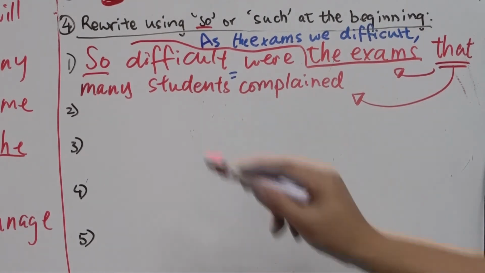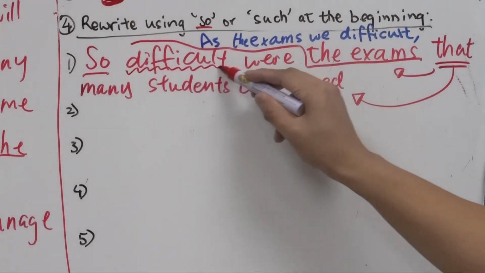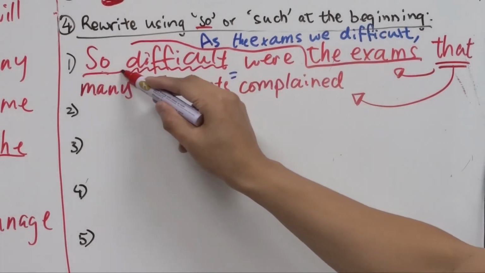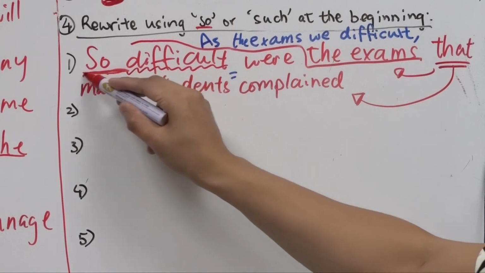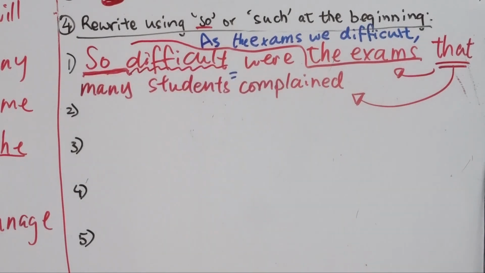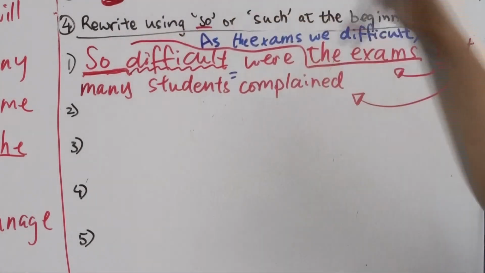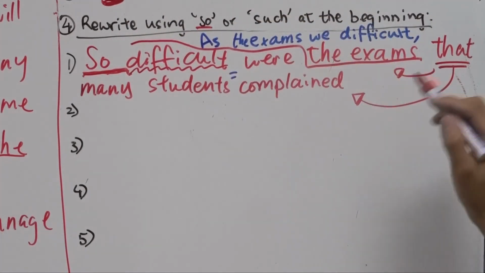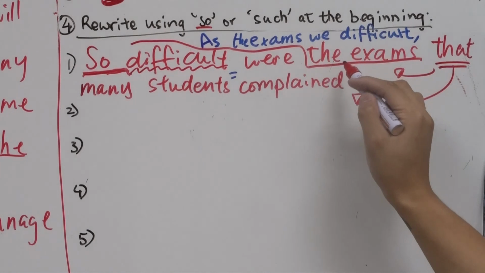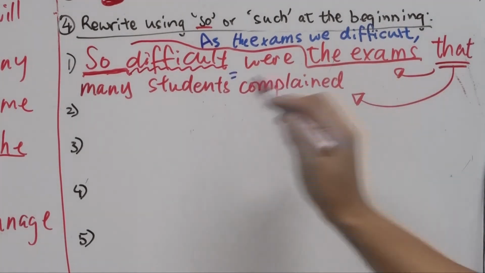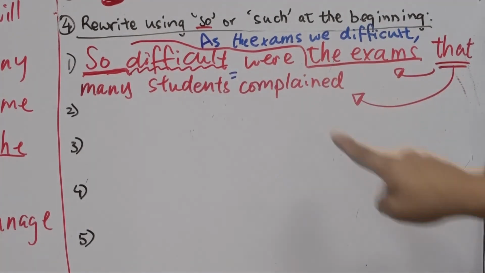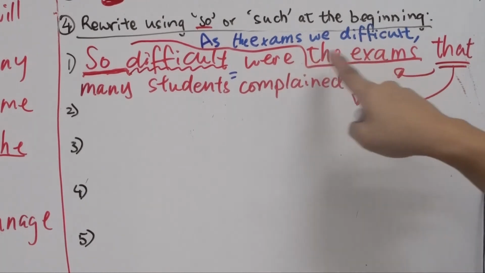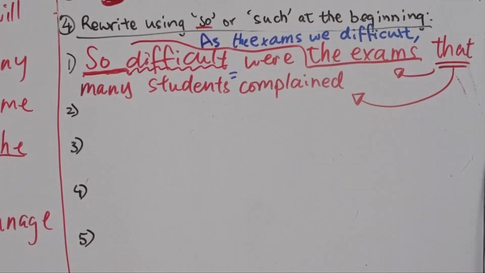And you can see the placement of difficult. It's almost as if they've put it together with the new addition of so. So is emphasizing the difficulty of the exam. That refers to the exam being difficult and the students complaining. And then the inversion takes place from the exams were to were the exams.